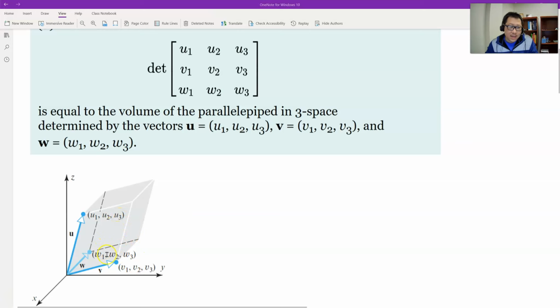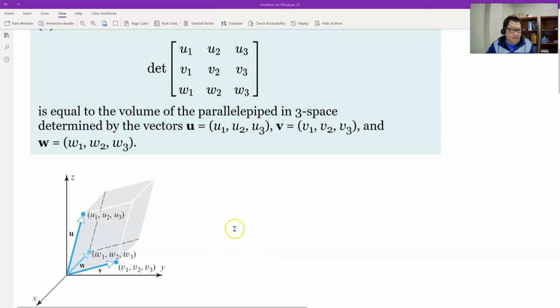And what this box means, with U, V, and W, these three vectors, is just the first, the second, and the third row of the matrix. You see, the result is quite interesting, right? Therefore, we know the meaning of the 3 by 3 determinant is just the volume of this parallelepiped.